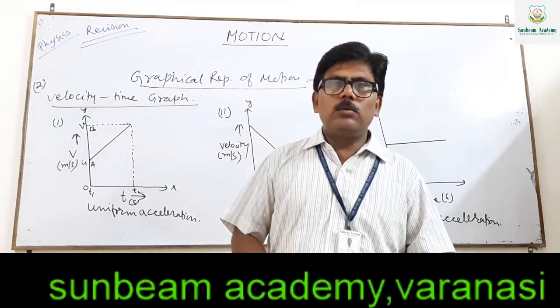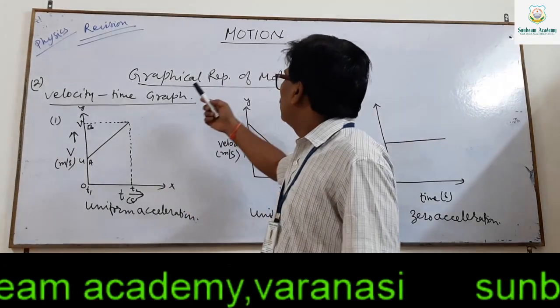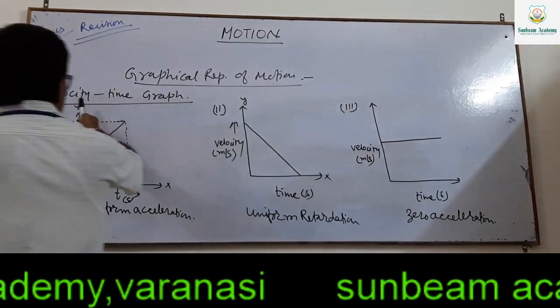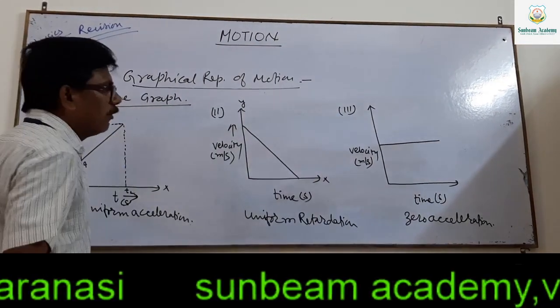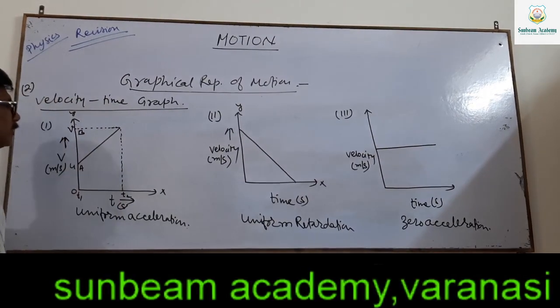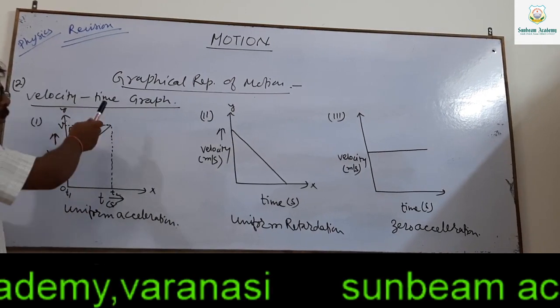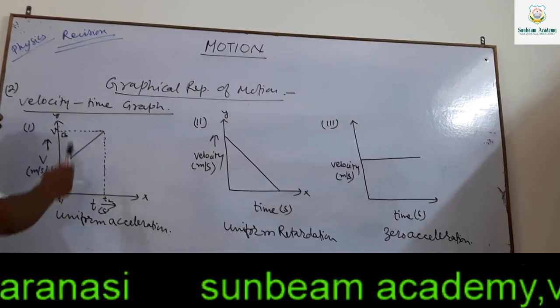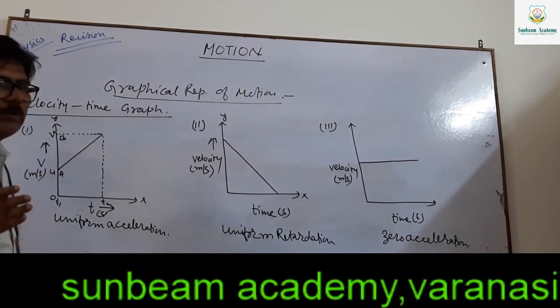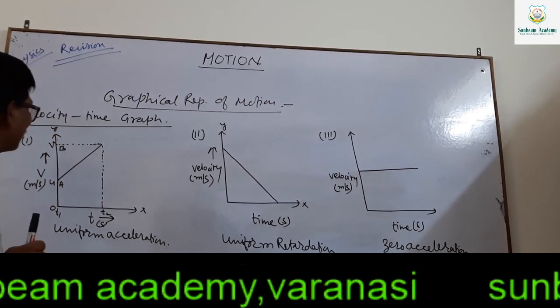Now let us see the graphical representation of motion, that is the velocity time graph. For the first case, uniform acceleration, I have already told you that with the help of a velocity time graph, the physical quantity which we can calculate is acceleration.